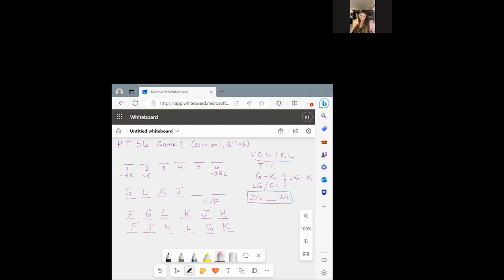Okay. 6. Which one of the following must be true? A lot of times when we see a must be true, we will have found the answer or gotten close to the answer in our deductions. So I want you to start there. And can someone walk me through these answer choices?